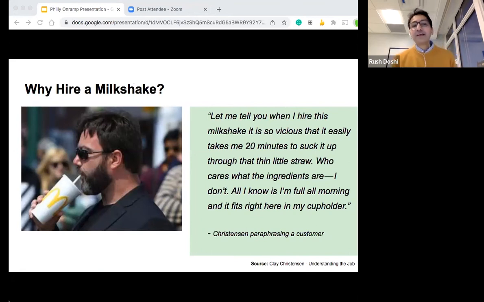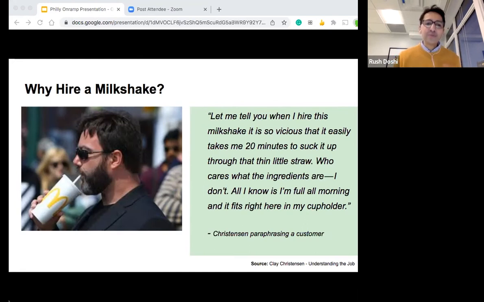They spent days at the chain's restaurants documenting who was buying the milkshakes, when they bought them, and whether they drank them. And what they discovered was that half the milkshakes were purchased before 8 in the morning, and they were purchased by men.